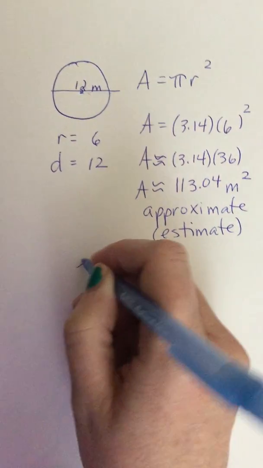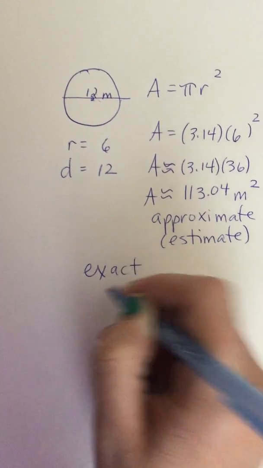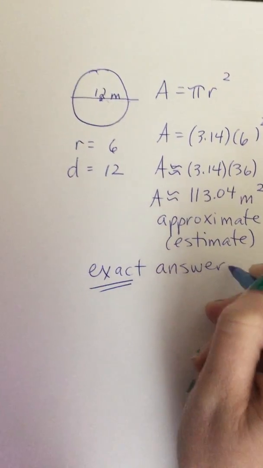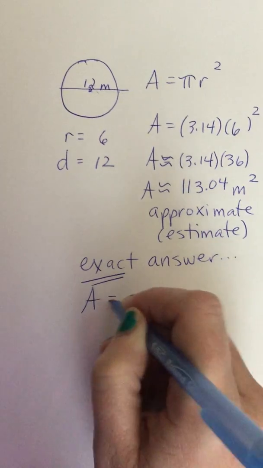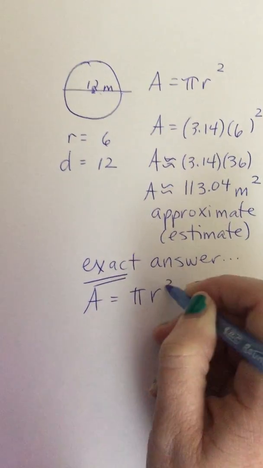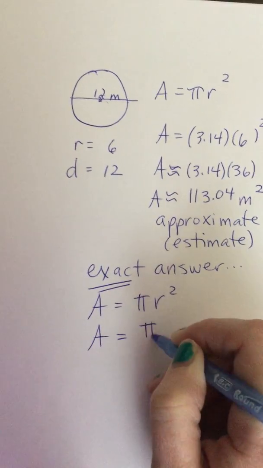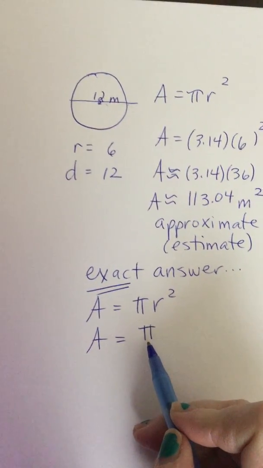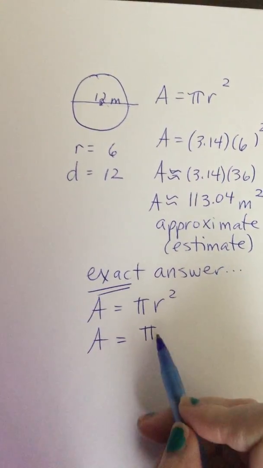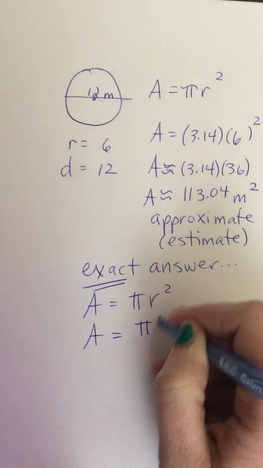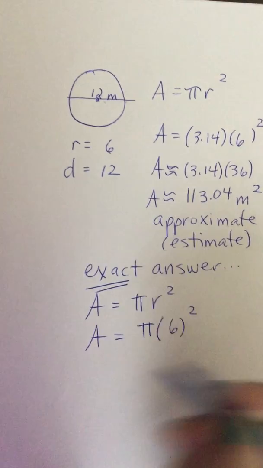Now, if they want an exact answer, this is how you would do that. You would write area equals pi r squared. Area equals, now you would actually keep the pi. And this is an irrational number. It goes on and on forever. So it's a long, long list of numbers. And we're going to keep it as pi this time. And the radius was still 6 squared.